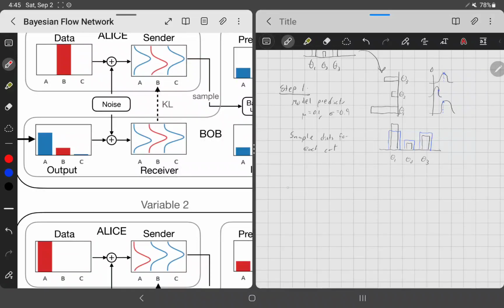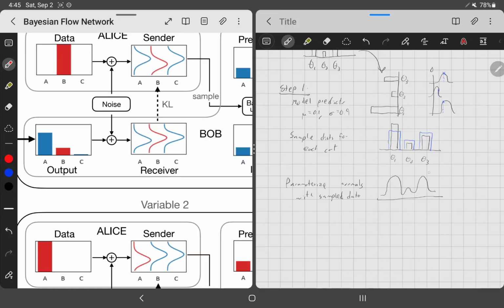So you parameterize the normals with sampled data. Now we have this normal distribution, or this cumulative normal that's multimodal according to what we have up here.